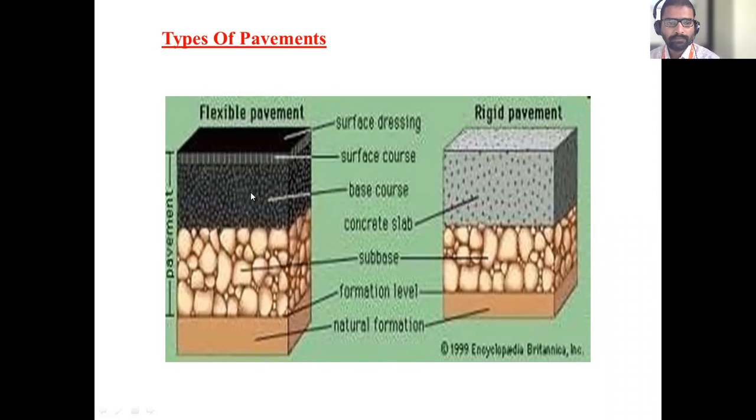This is the base course. This is the sub base, and the last one is the natural formation. So the first is the surface course, next is the base course, next is the sub base and natural formation. So there are four in total: surface course, base course, sub base, natural formation.